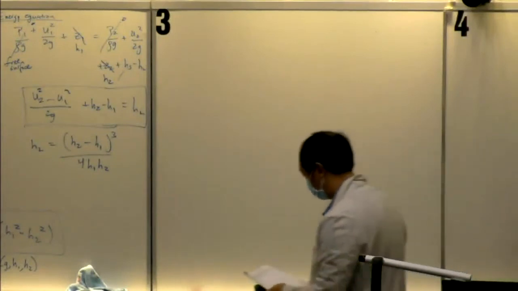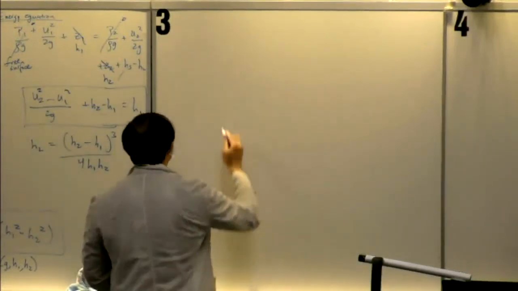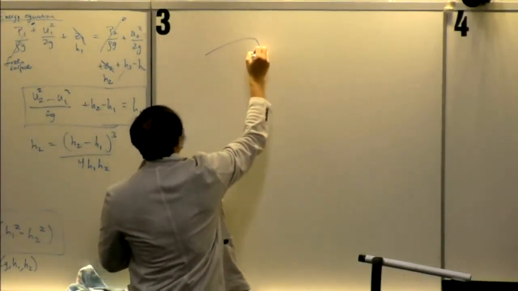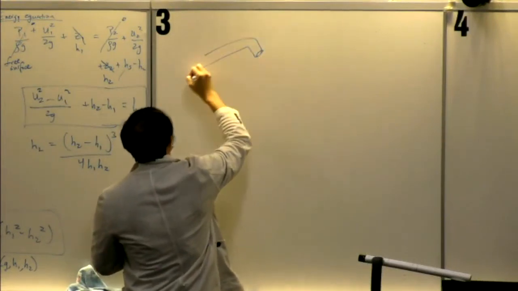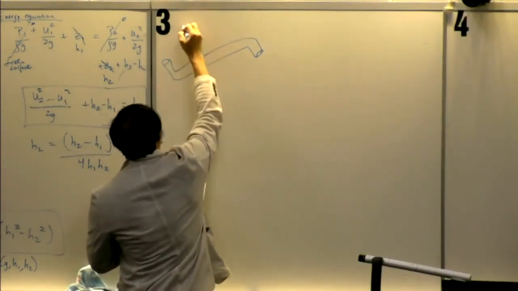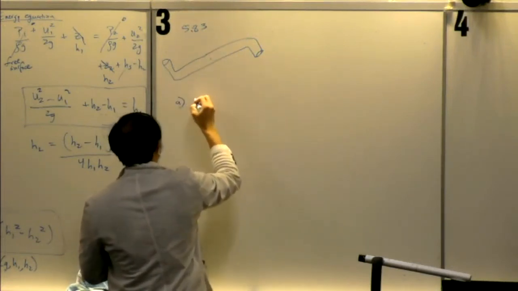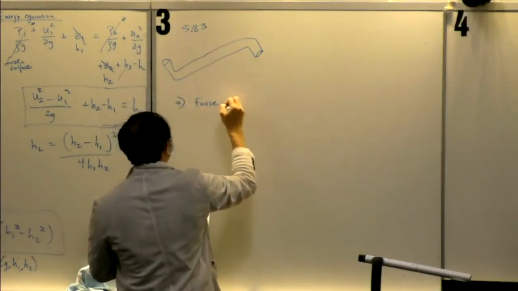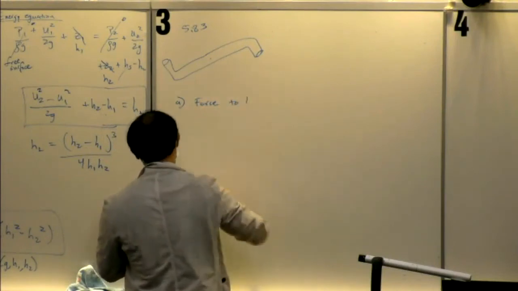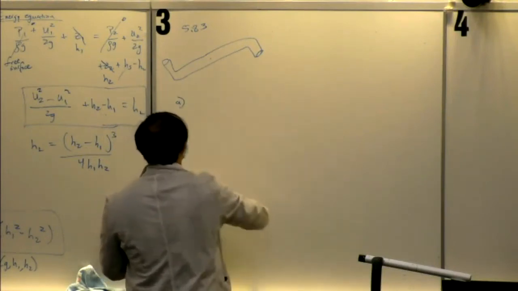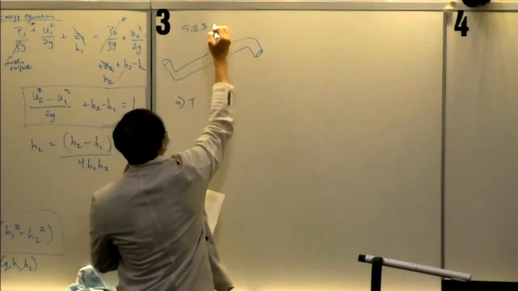Review very briefly, 5.83. There are basically three parts. Force to keep it stationary. It's actually all torques. This is a sprinkler.